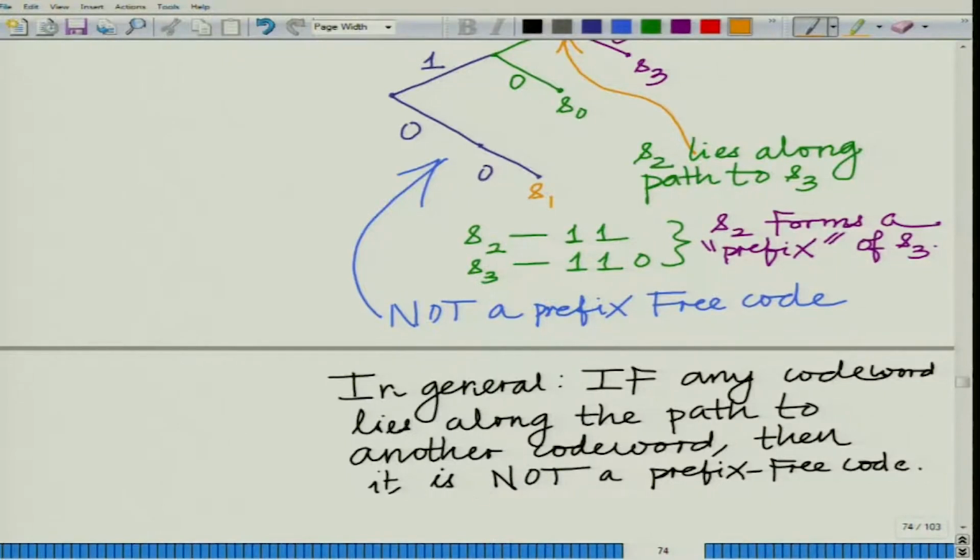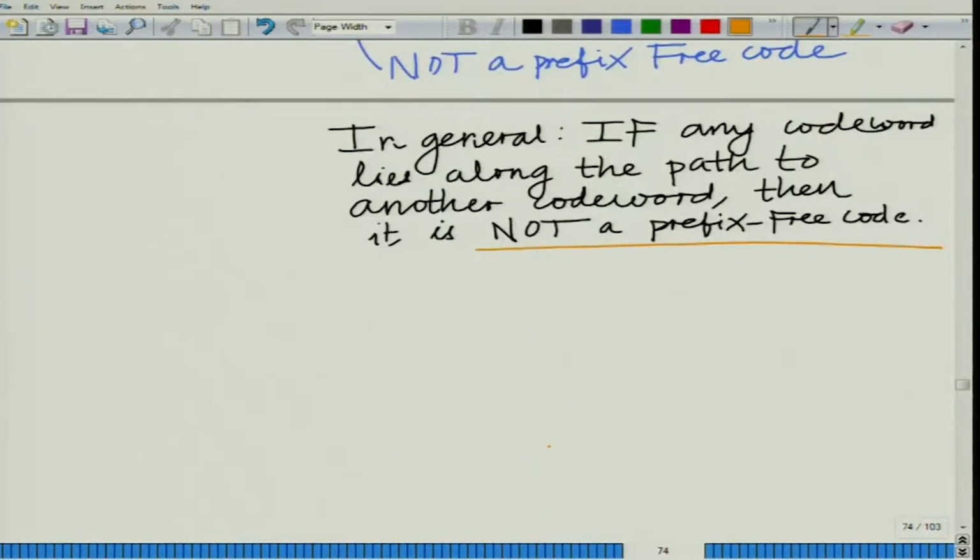So from the binary tree representation, basically one can see if it is a prefix free code or not. For instance, consider another code.